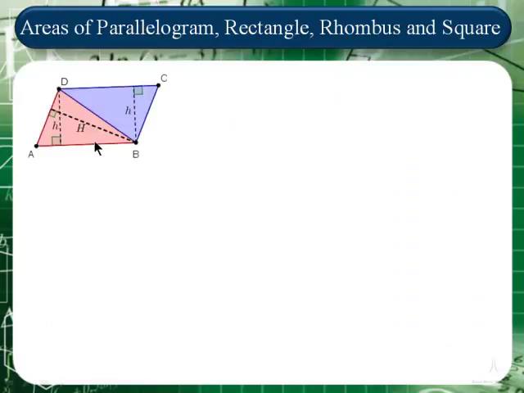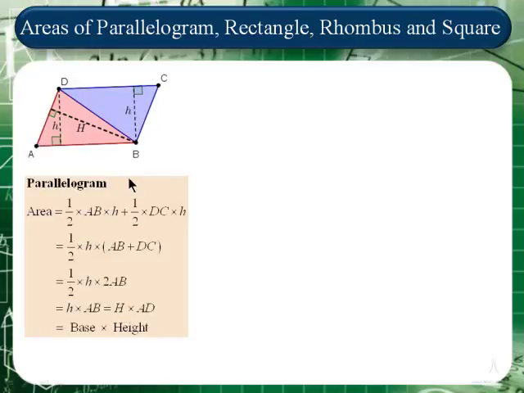Consider a parallelogram here where small h is the distance between the two parallel sides AB and DC, while capital H is the shortest distance between the parallel sides AD and BC.